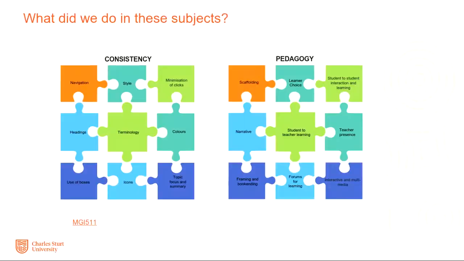So, a big slide here with a lot of things on it, but really our focus has been first and foremost on consistency within the subject. Students would do 24 subjects in a degree, and every one of those had its own learning management site, so the sites looked completely different. There was no consistency, and the terminology was different.